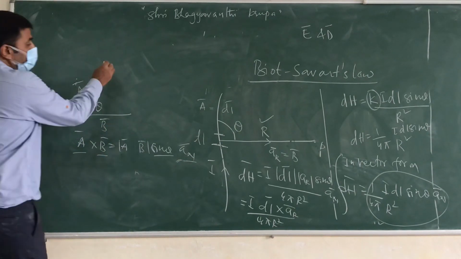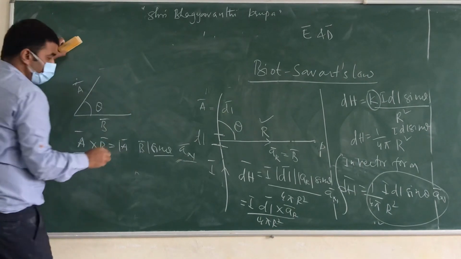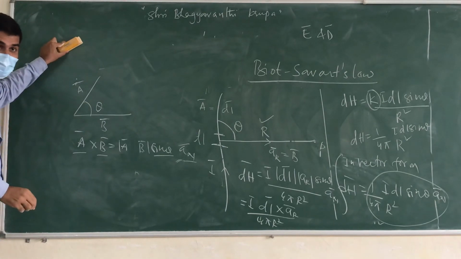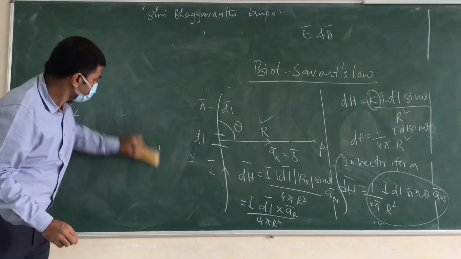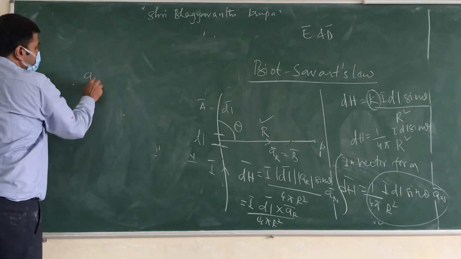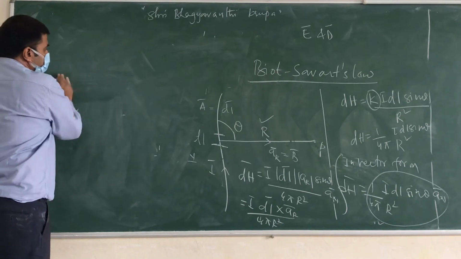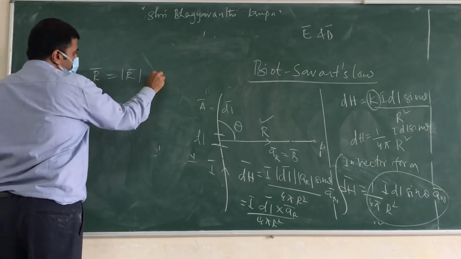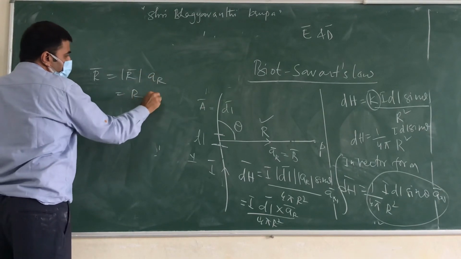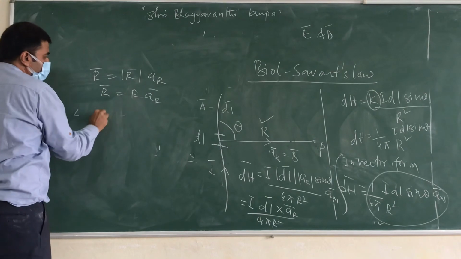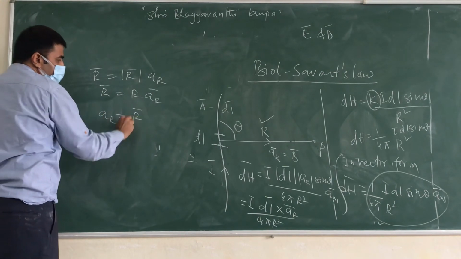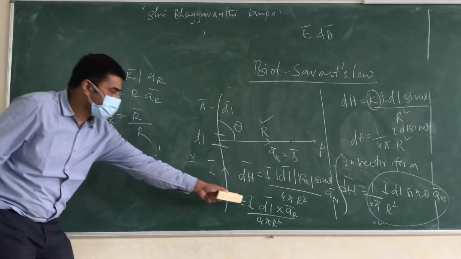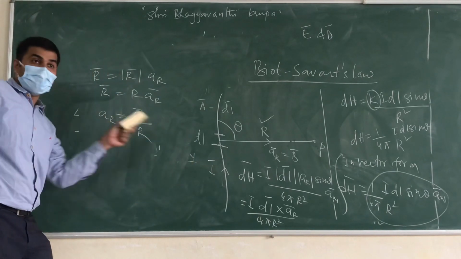Then even you can write what is your aR bar? Shall I have this? aR is equal to this. Just see this. R bar is magnitude of R bar times aR, nothing but R aR. Then what is your aR? R bar divided by R. Can I substitute this aR here?